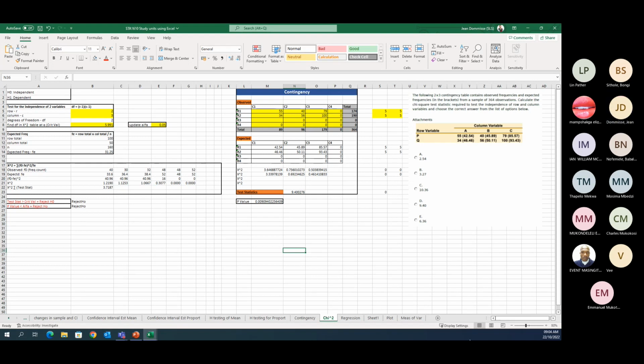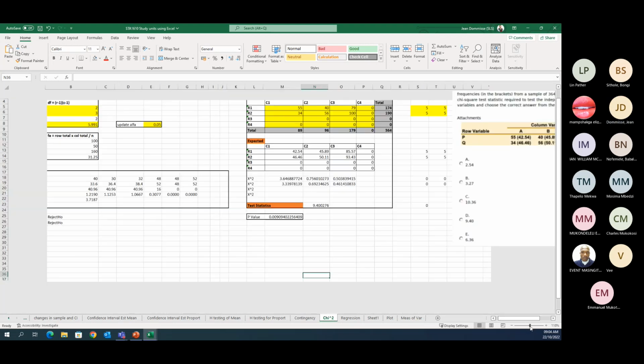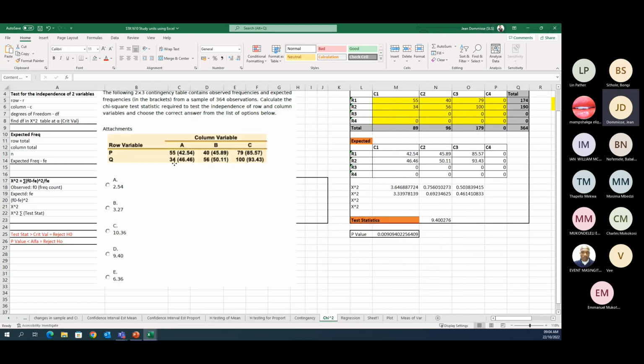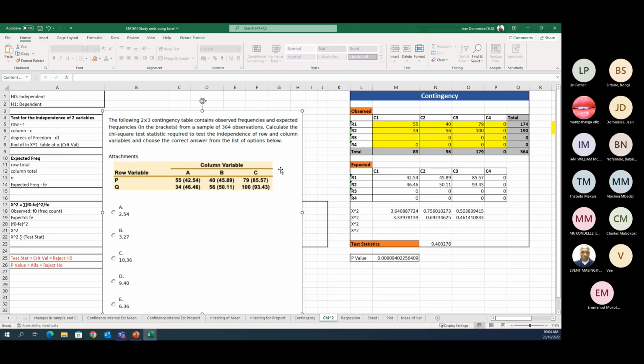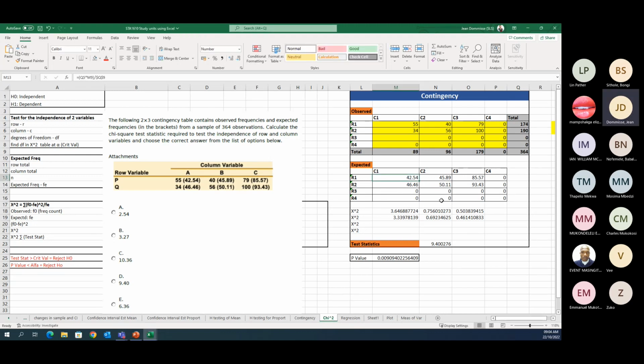So let's make it bigger. This data sheet that we have is set up for a bit more. So if you go 4 rows and 4 columns, how it is set up is that the expected value is already calculated for you.